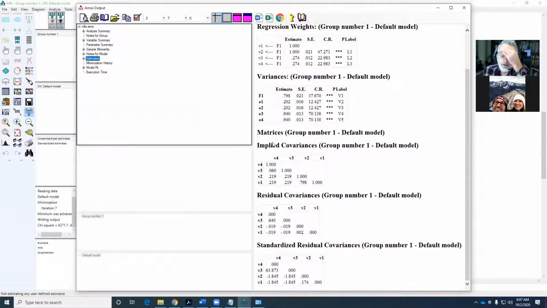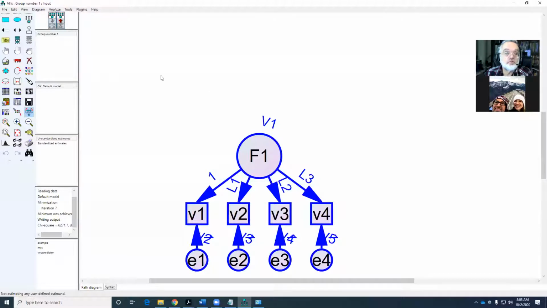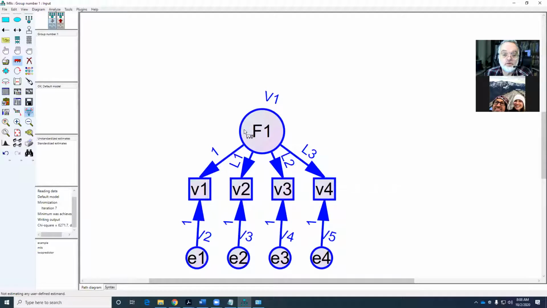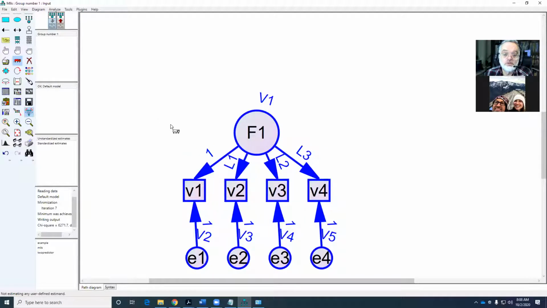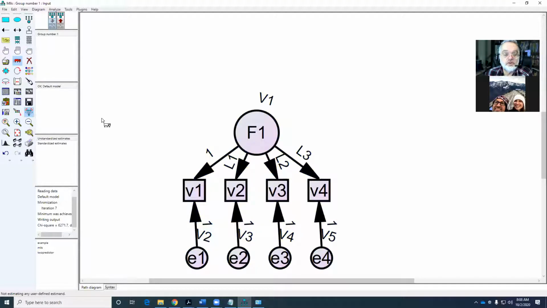As a little bit of an exercise in AMOS, I can come back to this model, select everything, and use this little bus figure to move variables around should I wish. The other thing that's somewhat handy inside of AMOS is it gives you control over the particular elements of your diagram look.